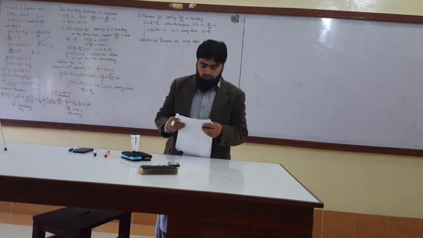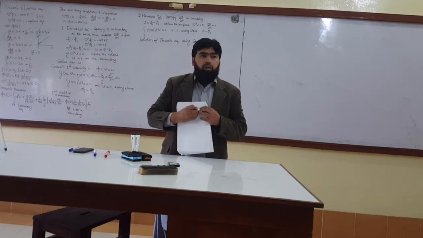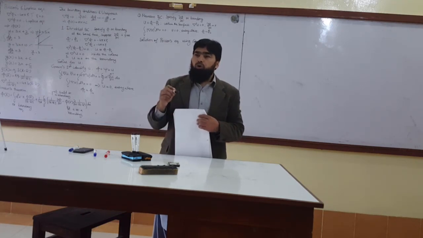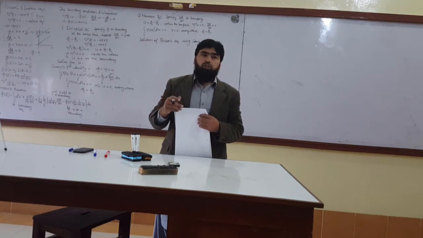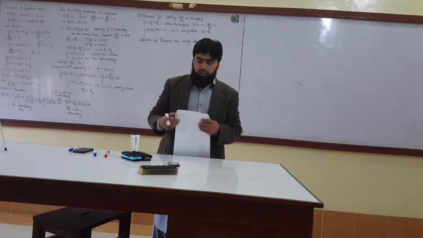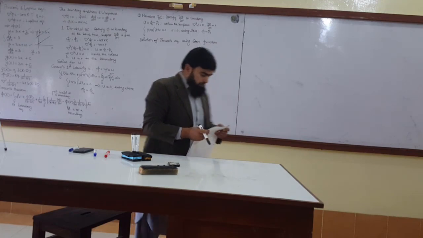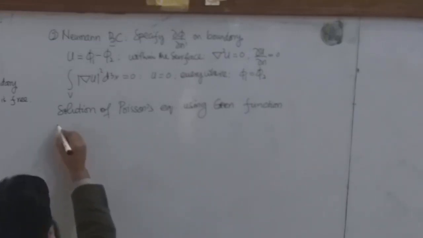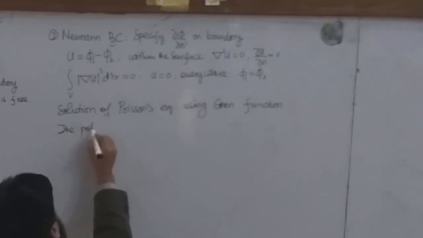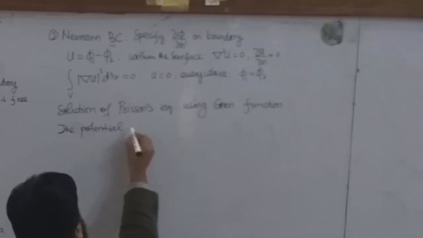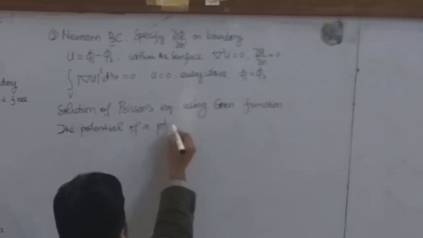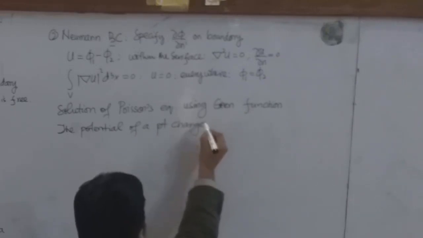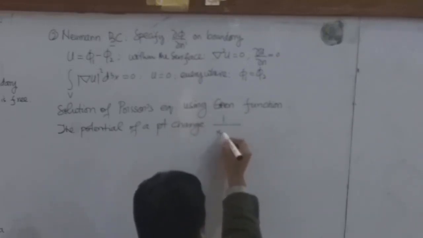We know that the potential of a point charge is a very special situation. The potential of a point charge is equal to 1 over mod x minus x prime.